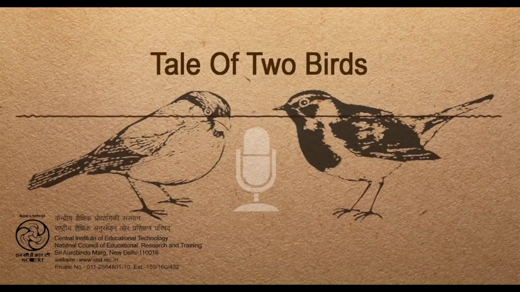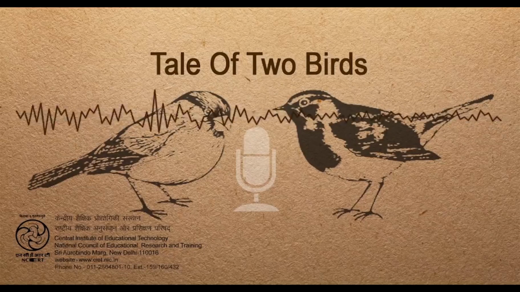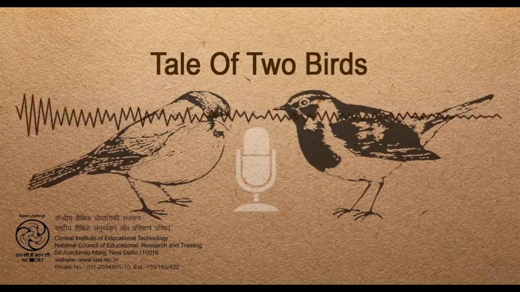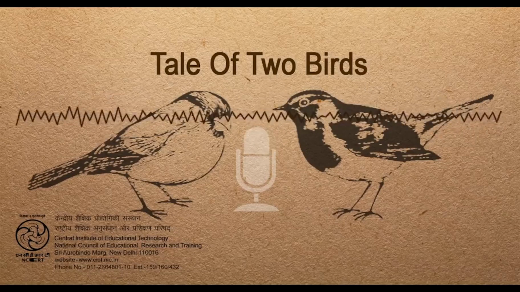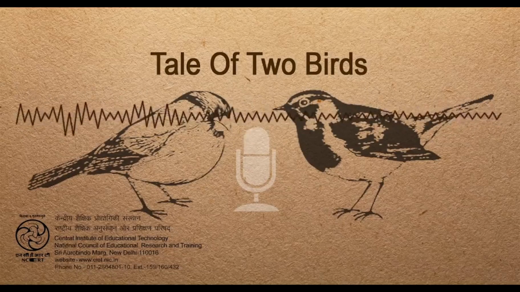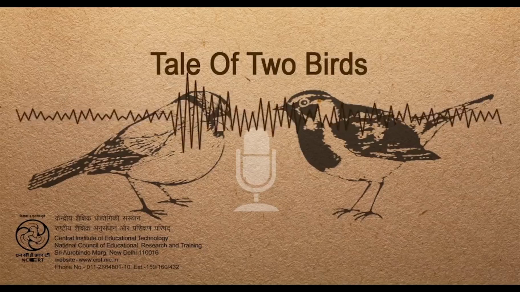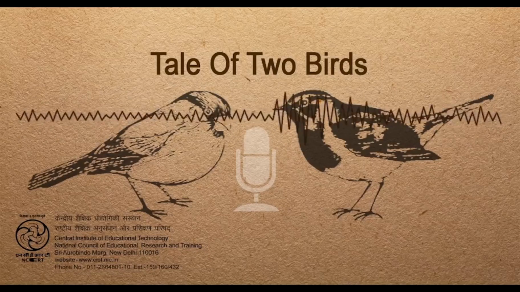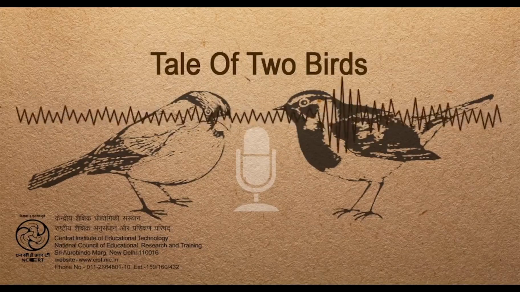"Welcome, sir," he said to the king. "Please come inside and make yourself at home. You look tired. Rest for a while." The king told the rishi the story of the two birds and how each had behaved so differently, though they looked so alike. "The forest is full of surprises," he said.